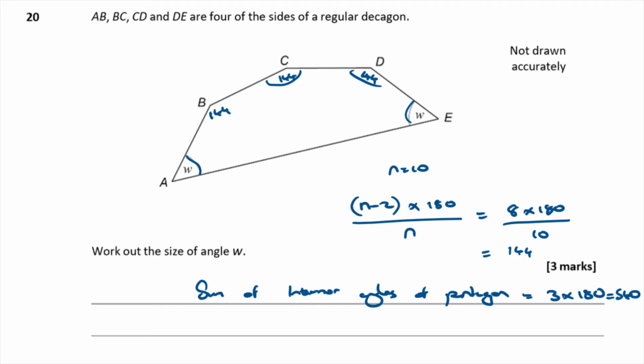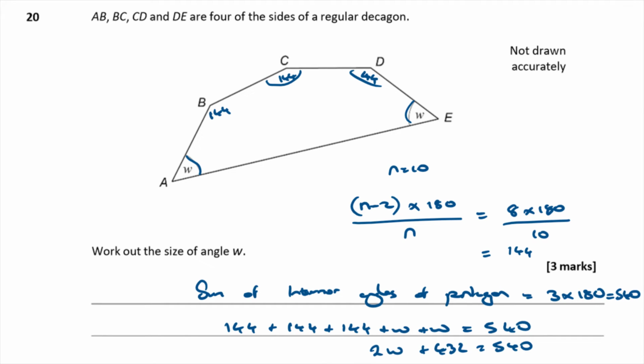So my 144 and the 144 and the 144 and the 2 W's add up to 540. So 3 lots of 144, what's that? 3 times 144 comes to 432. So I've got 2W plus 432 is equal to 540.